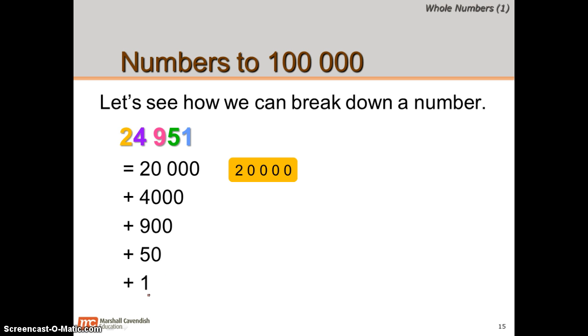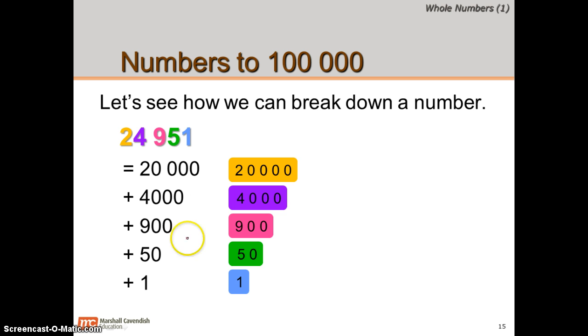This is one idiot-proof method if you can't really see the number well. We first break off the 10,000 place, 20,000, followed by the thousands place, 4,000, hundreds, we have 900, and the tens place, followed by the ones. In this way, it will be easier for you to read and write out the word statement.